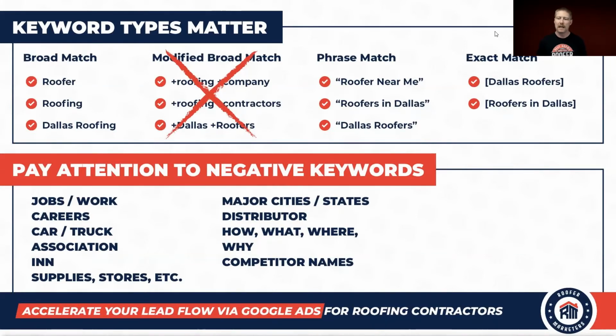So if you're bidding on roofing company in a specific geographic location, but that person is looking for a roof on their second home, or researching something for a family member, and they live in Minneapolis but type in roofing company Naples, Florida, you don't want your ad to show up for that. So you negative keyword out those keywords.